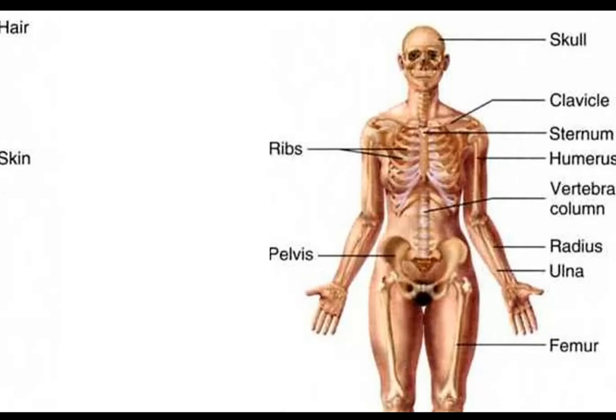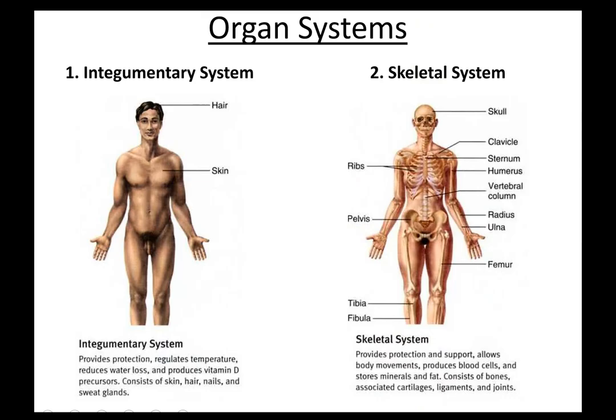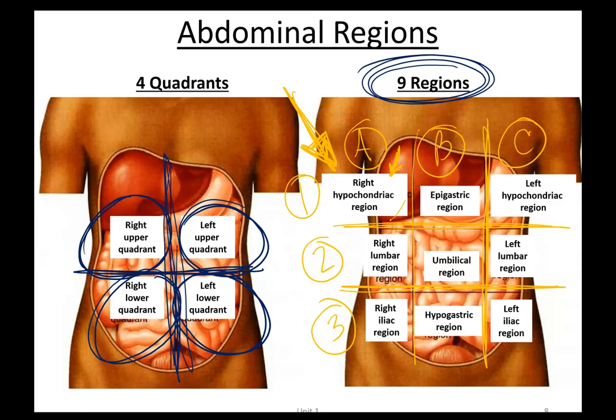See here how the bottom of this rib cage is made out of cartilage? That is hypochondriac. It's right below that bit of cartilage in the rib cage, and it's on the right side. C1 over here has the left hypochondriac region because, again, it's right below that cartilage that makes up the bottom of the rib cage.